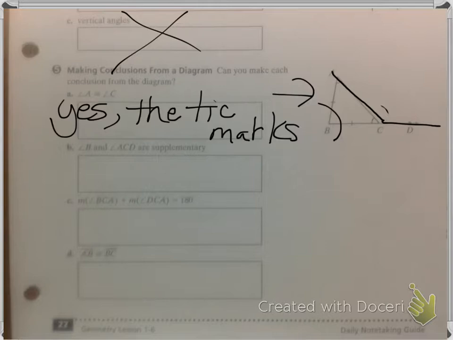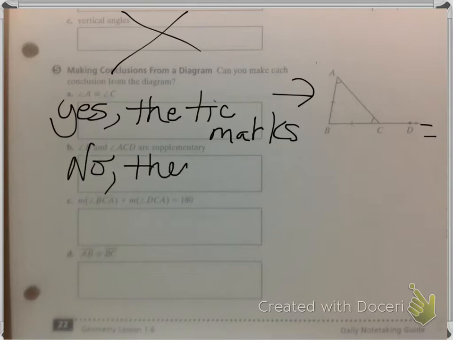So I would say no, there are no markings. I do see that angle BCA and DCA add up to 180, but not the ones they asked about. So the answer is no. There are no markings.